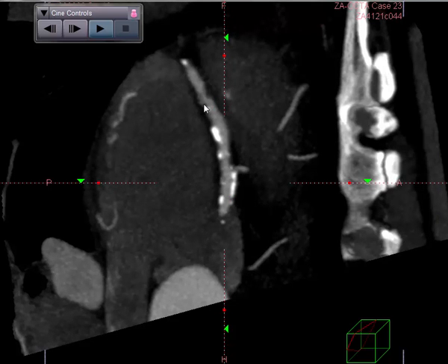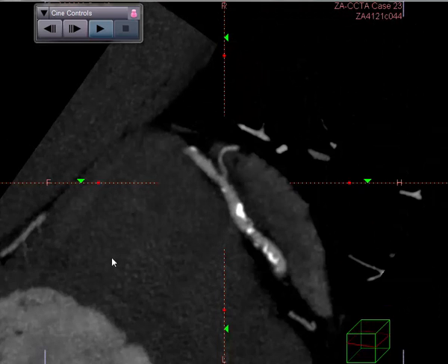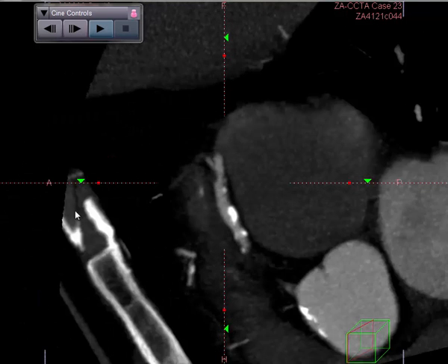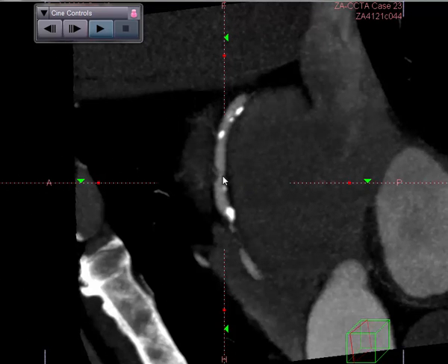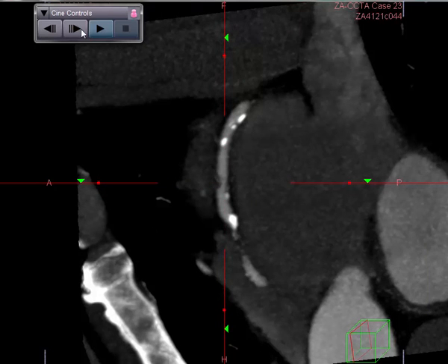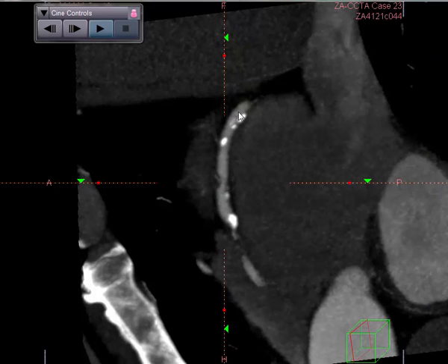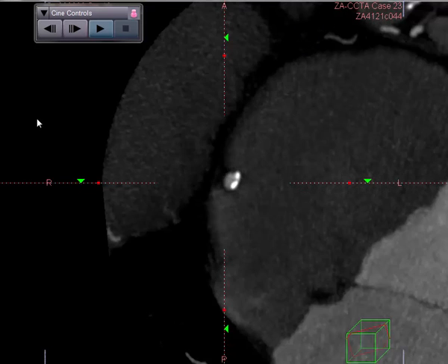As we move down further into the vessel, though, there is another area here of non-calcified plaque that also is somewhat eccentric. This is a bit more difficult to determine whether or not this is sort of a borderline situation. Let's look at the rest of the vessel now as we try to rotate around here.